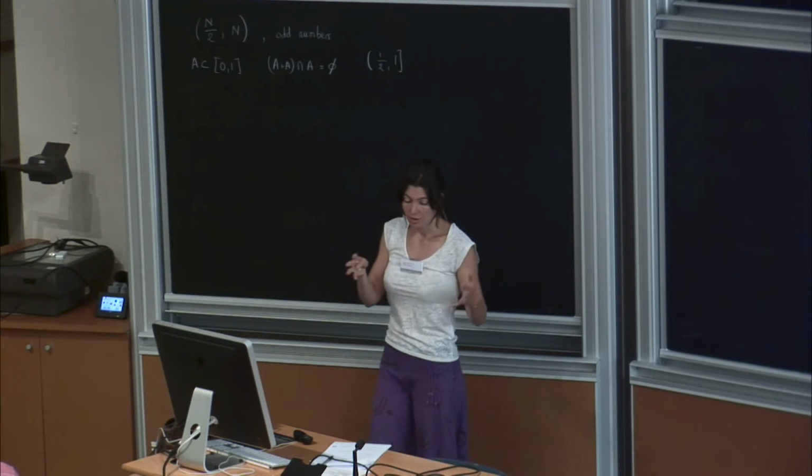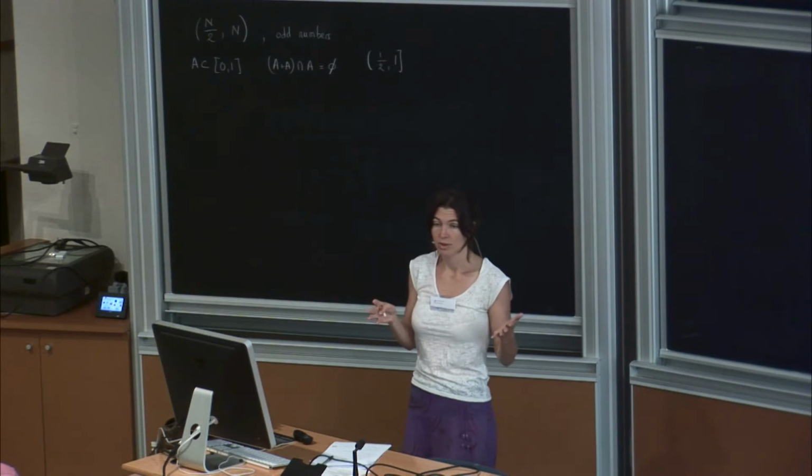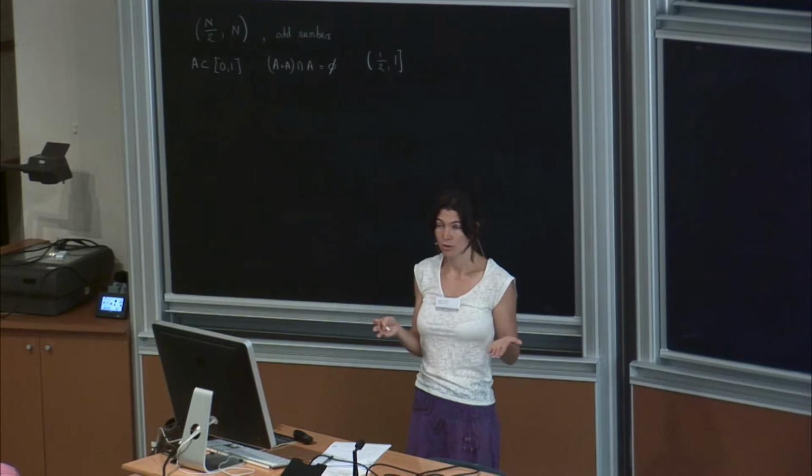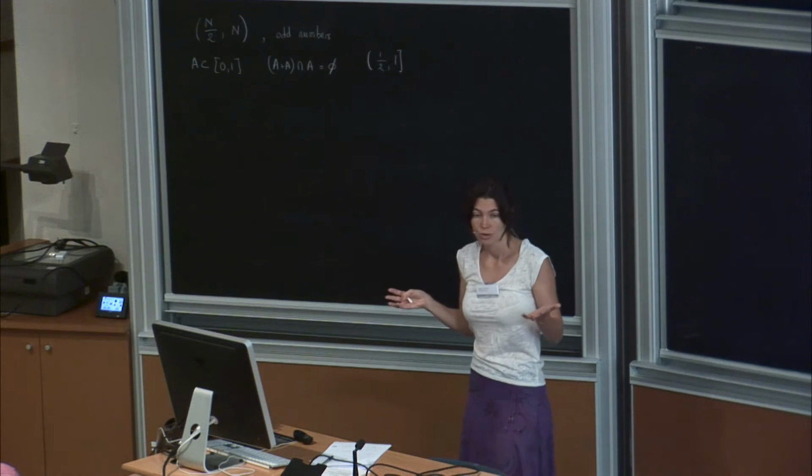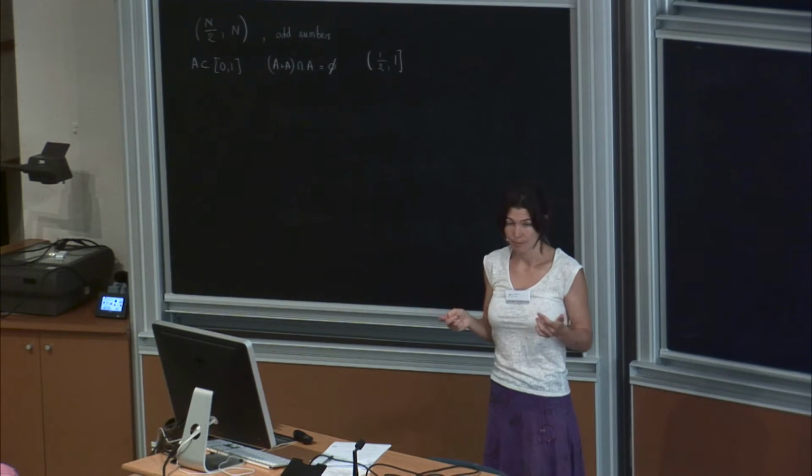So that's one of the motivations to study k-sum-free subsets. Just look in [0,1] in the continuous setting, because if you have some maximal sets in the continuous setting, you can get some sets with no solution in the discrete setting.